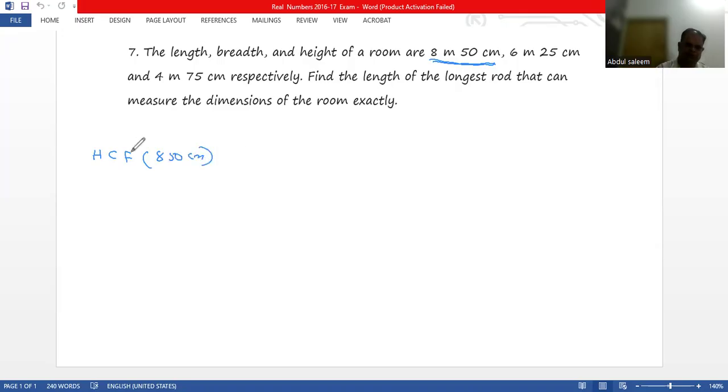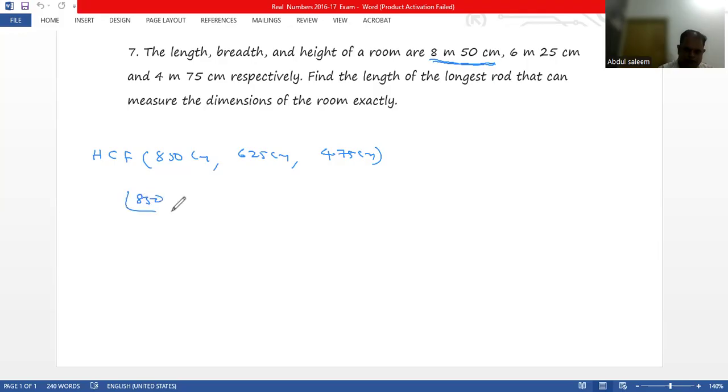So this is 850 centimeter. Then the next one is 625 centimeter, and the third one is 475 centimeter. We need to find the HCF of these numbers.